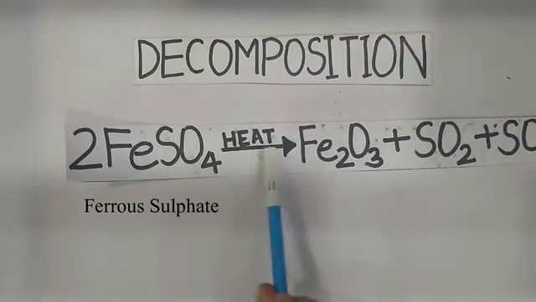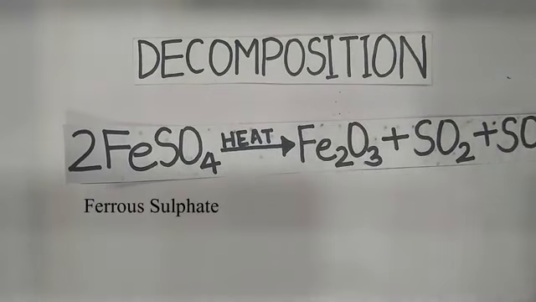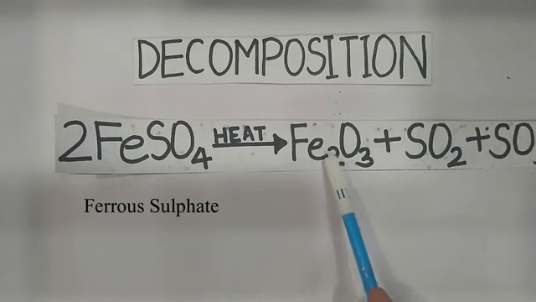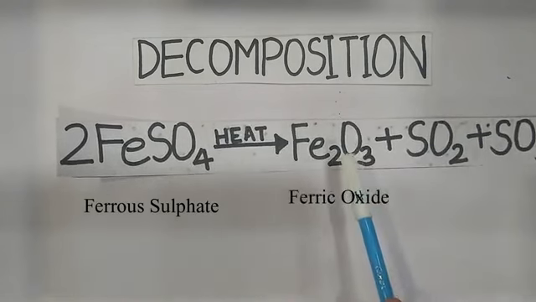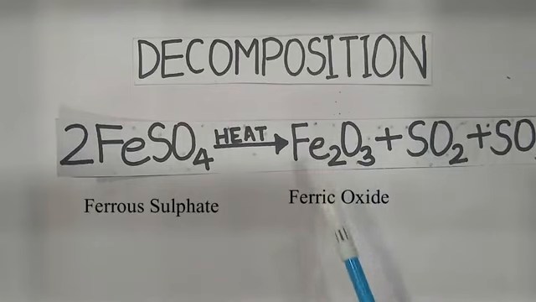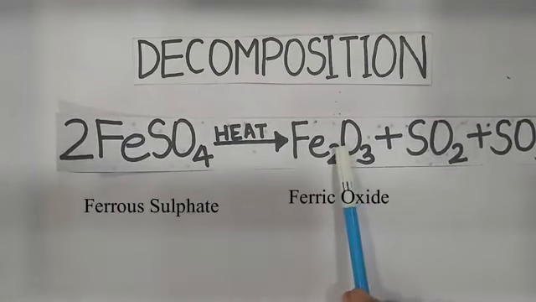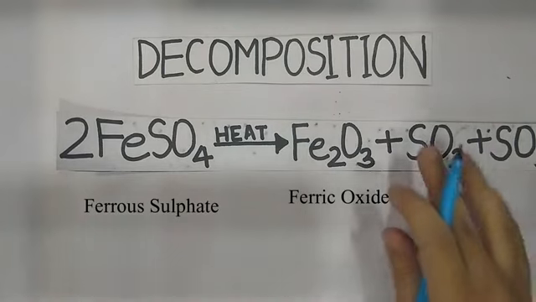Now ferrous sulfate is getting heated to give us smaller compounds of it. So FeSO4 broke down to give us Fe2O3. Fe2O3 is ferric oxide. You need to note all of this down. Ferrous sulfate, ferric oxide. And we also need to write down the state symbols.